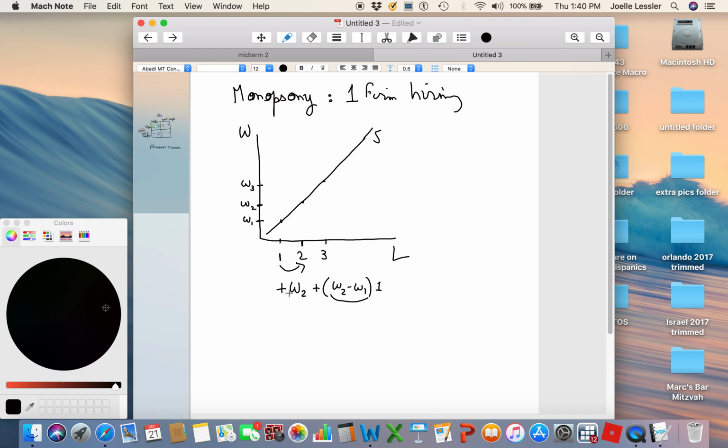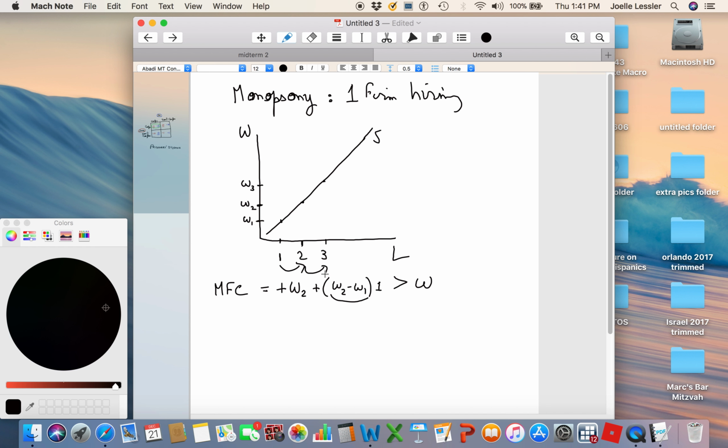But in order to hire the second worker, it wasn't enough. My marginal costs did not just go up by W2, they went up by W2 plus the increase in wage on the worker I was hiring before. This was the price effect. This is the quantity effect. So my marginal factor cost is greater than the wage because of the price effect.